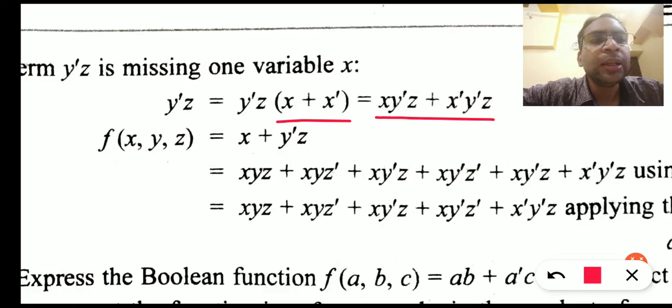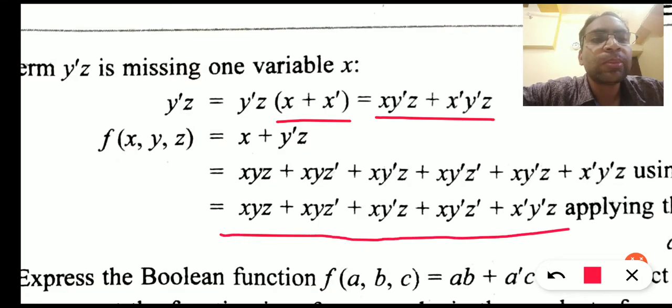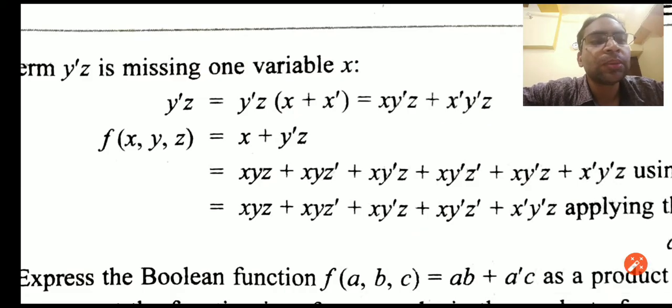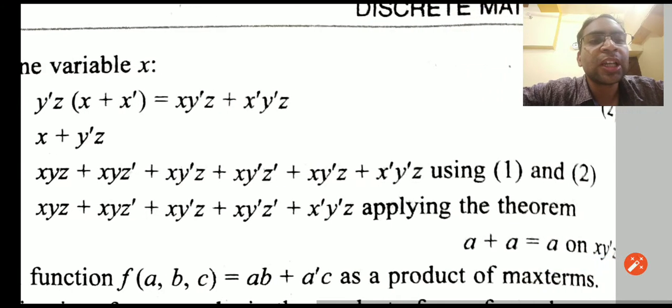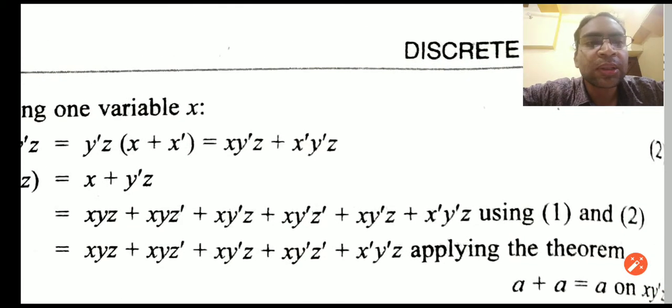Now finally, joining these two RHS and removing the common terms, we have got xyz plus xyz bar plus xy bar z plus xy bar z bar plus x bar y bar z. So this is how this can be achieved, just by eliminating the common variables again and again.